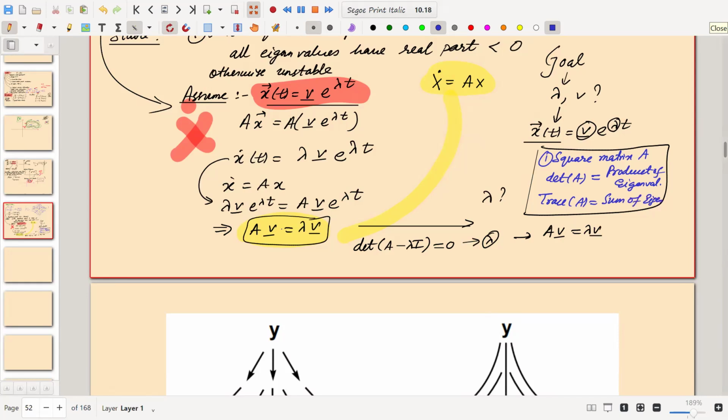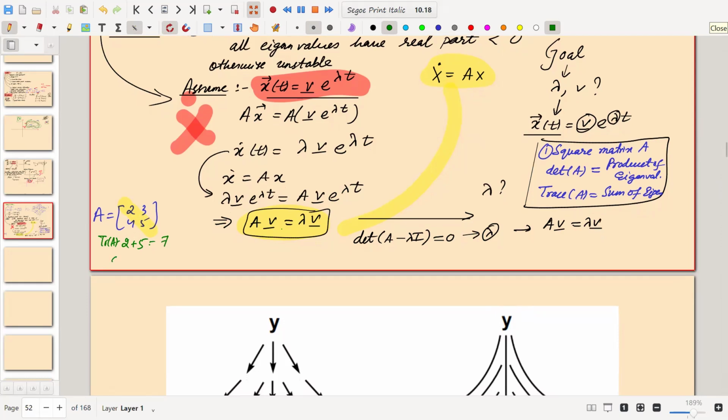Do you know about trace? What is trace? Suppose A equals 2, 3, 4, 5, right? Trace is nothing but the diagonal, you have to sum it. What is the sum? 2 plus 5. So trace of A is 2 plus 5, that is 7.